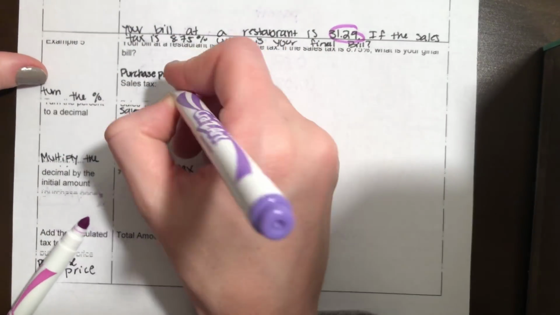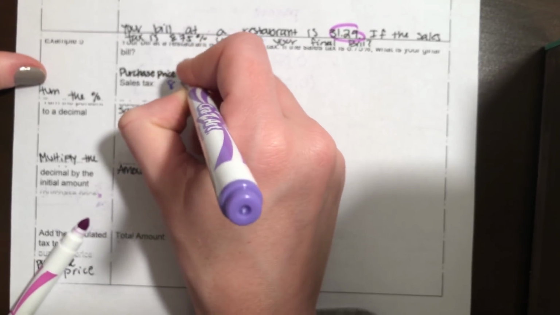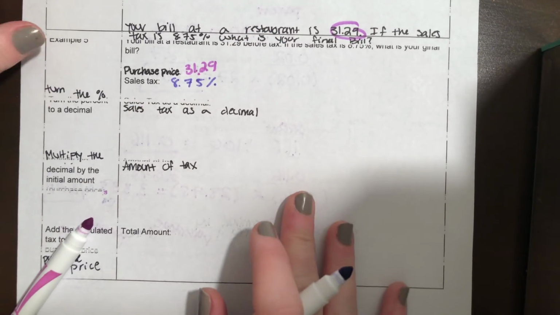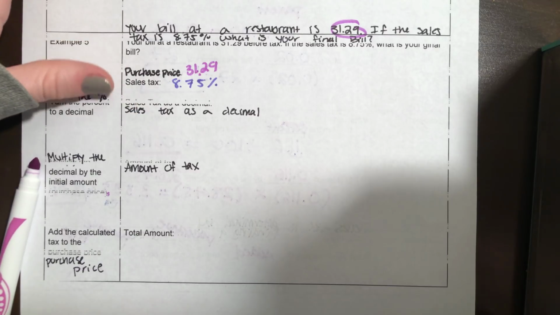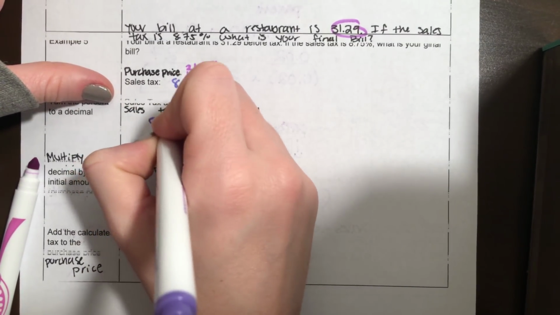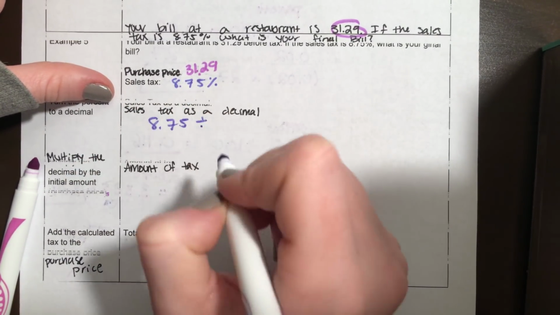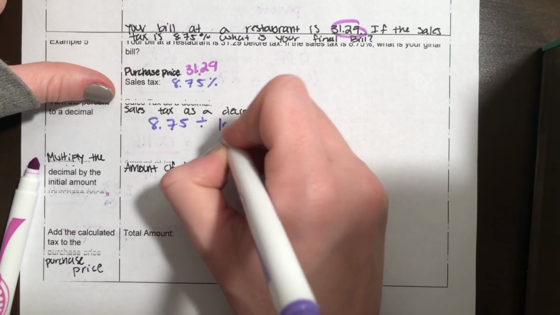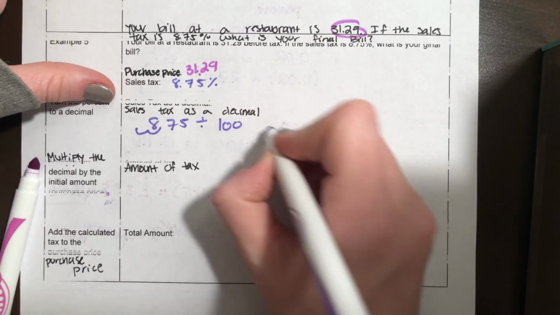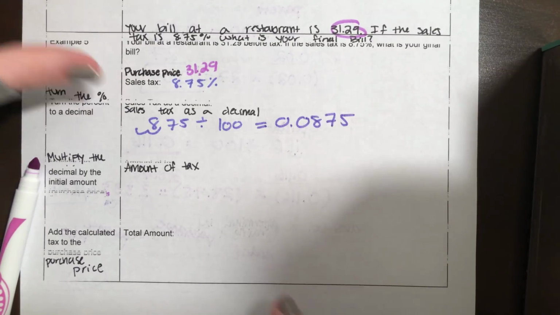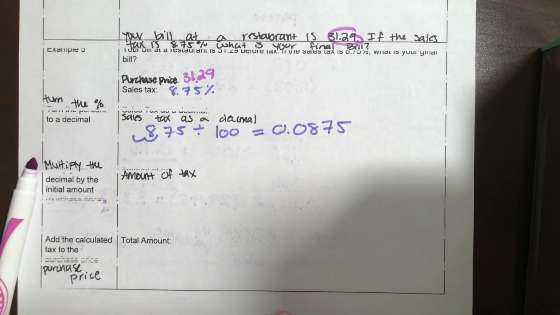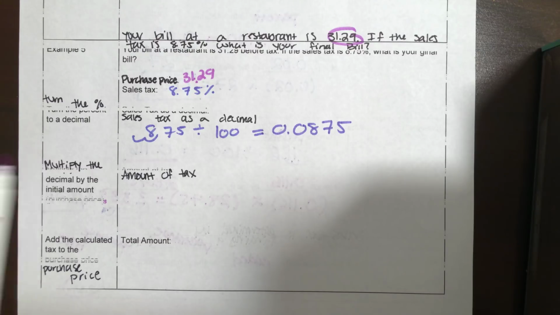Sales tax is 8.75%. Our first step is to turn the sales tax into a decimal by dividing by 100, which gives $0.0875.